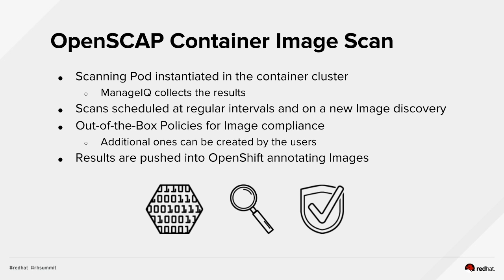So basically, we added a new action which is able to annotate these images inside of Openshift with special annotation so that Openshift is aware that the policy attached to the OpenSCAP scan in CloudForms failed. And Openshift can take advantage of this annotation to take action.